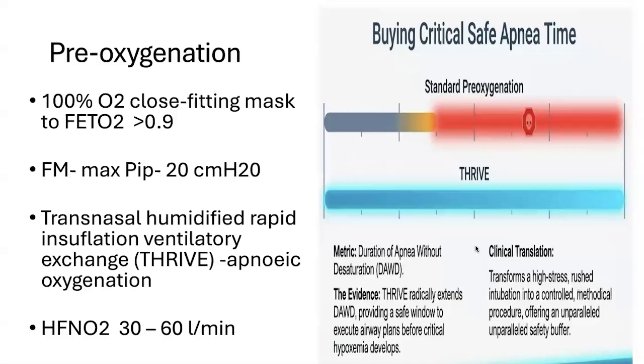Then there's another way we can increase the safe apnea period, by THRIVE, that is transnasal humidified rapid insufflation ventilatory exchange, where we can put a nasal prong or a nasal cannula and give oxygen 5 liters during intubation, which is called apneic oxygenation, or else we can go for a high flow nasal oxygen device giving oxygen 30 to 60 liters per minute during intubation.